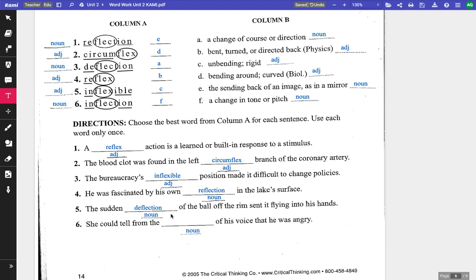The ball changed direction. She could tell from the blank of his voice that he was angry. Inflection. She could tell from the change in tone or pitch of his voice that he was angry.